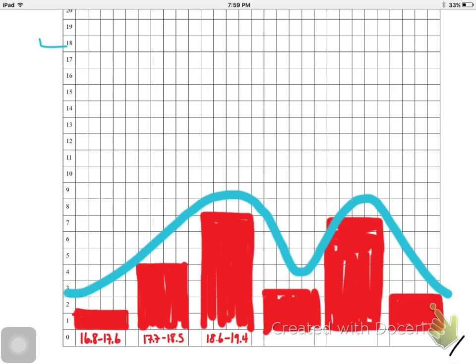How would you describe that? Two-humped. Two-hilled. A camel. Wavy. An M that got stretched out. Okay. It has two modes. It is bimodal. Yeah. We're going to use bimodal.